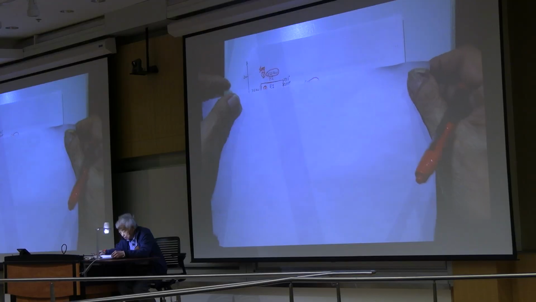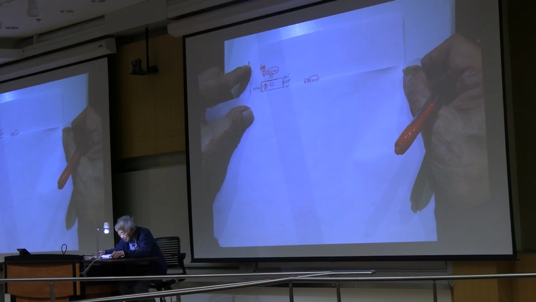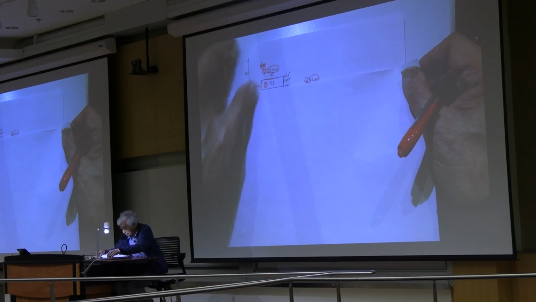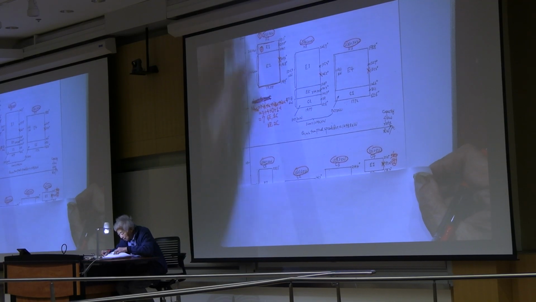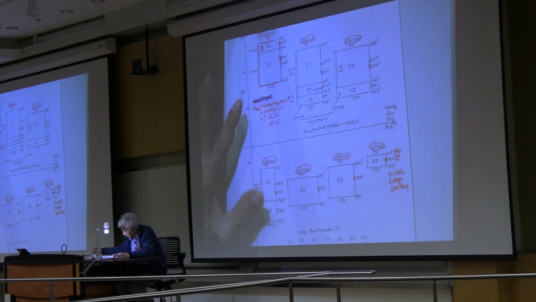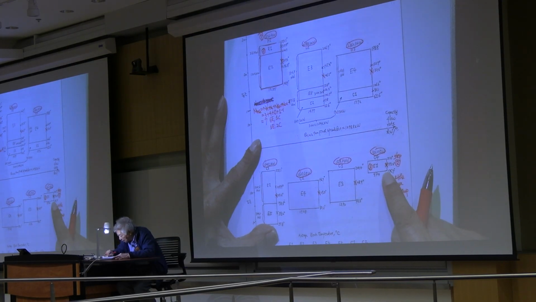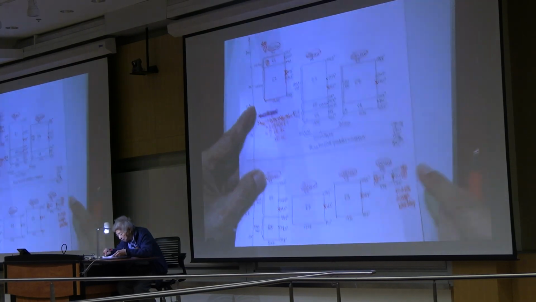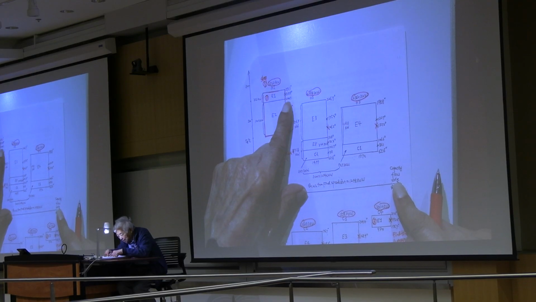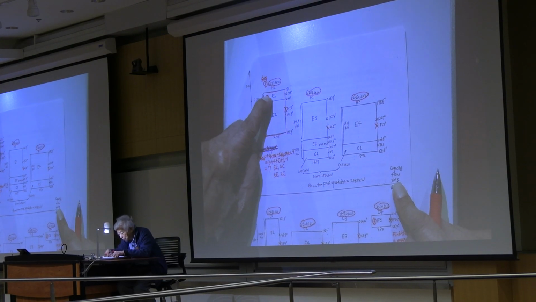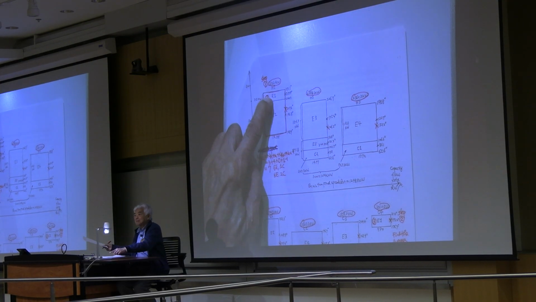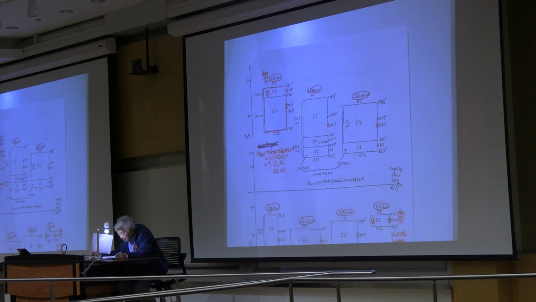You go from high temperature down, H2, E1. So, E1, 331, 247.7. E1, right? That is my first exchanger.